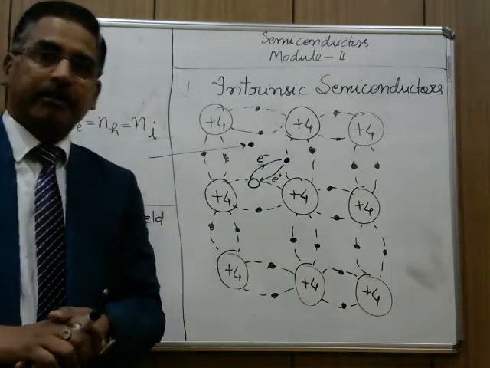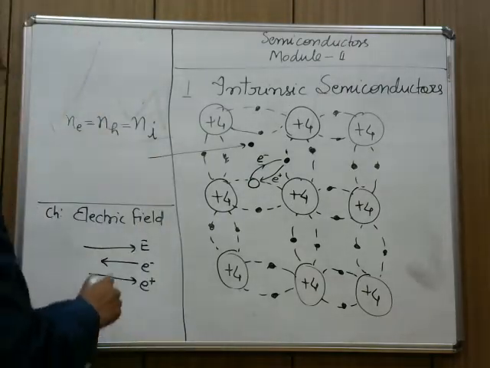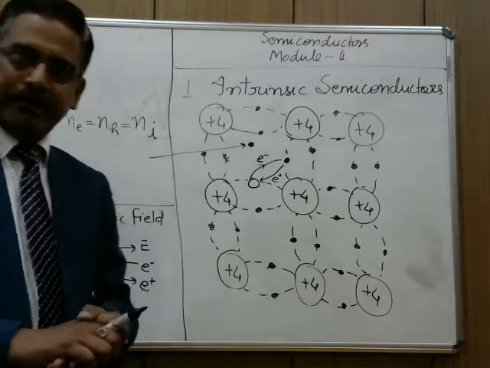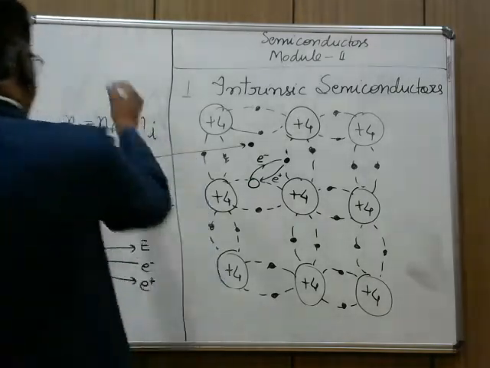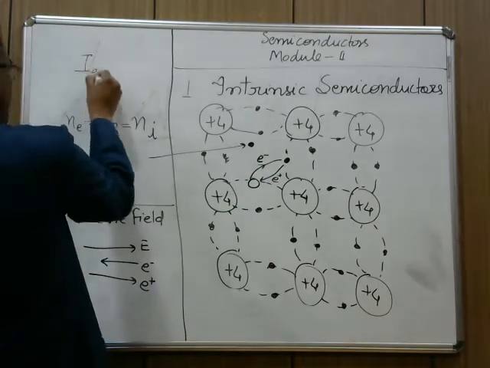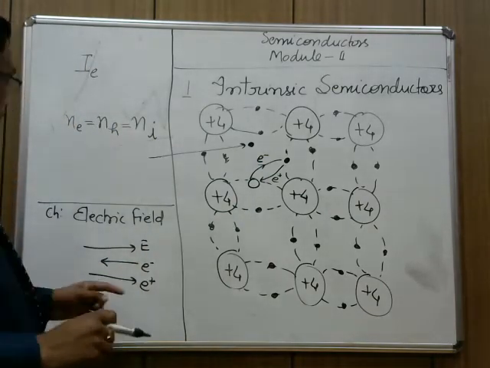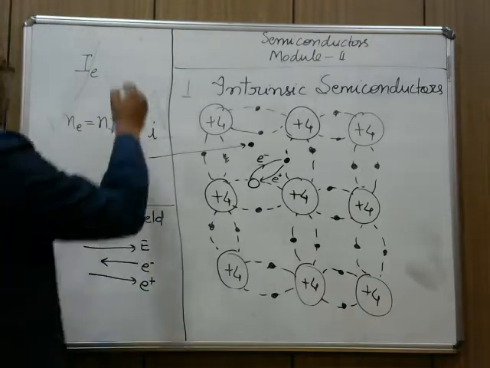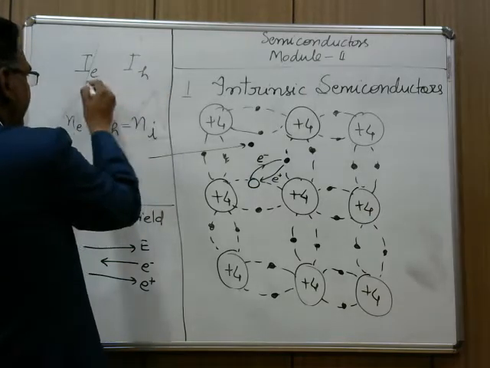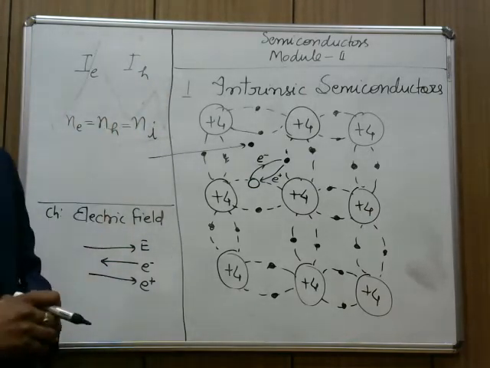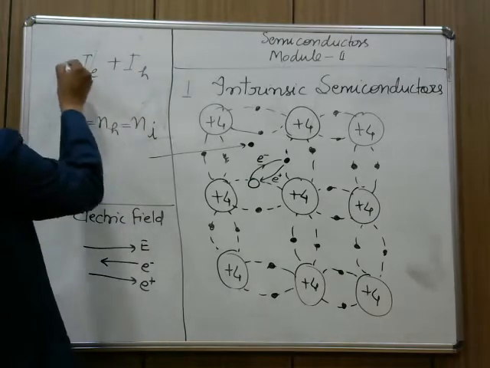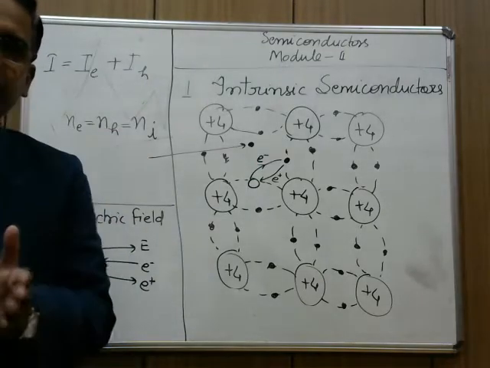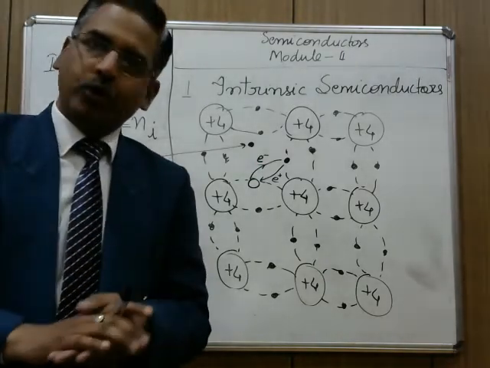But when an electric field is applied, the electron starts moving opposite to the applied field, giving rise to electron current, and holes start moving in the direction of the field, giving rise to hole current. This is called electronic current and hole current, and their sum is the total current flowing in the semiconductor. Because of both, current flows in the pure semiconductor.